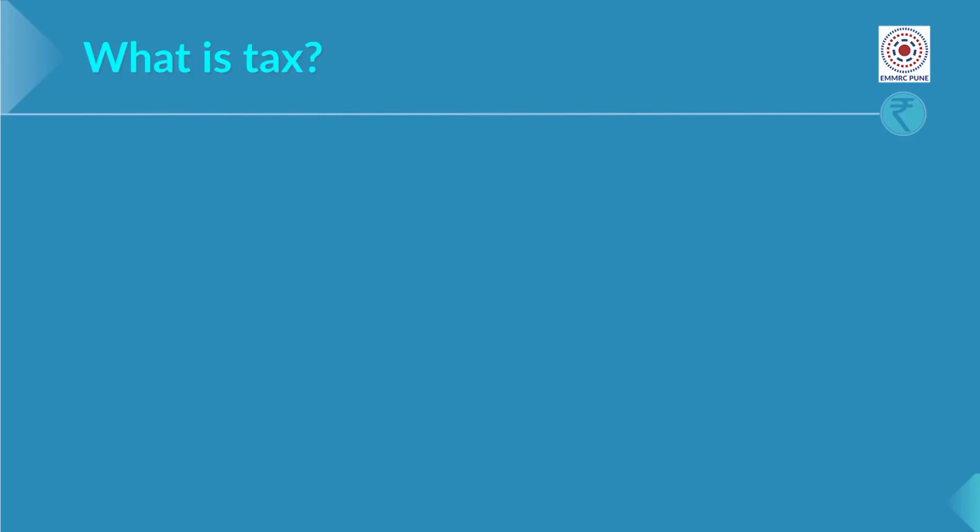There are two main sources of public revenue, tax revenue and non-tax revenue. But before understanding tax revenue, let's first understand what is tax. Tax is a compulsory financial charge imposed by a government on an individual or business entity to support public services and goods provided by the government.